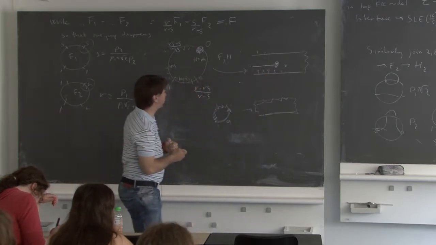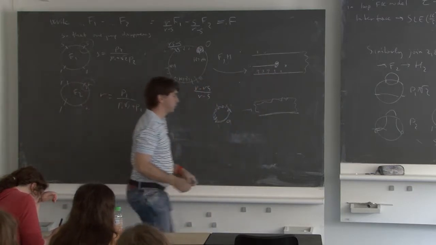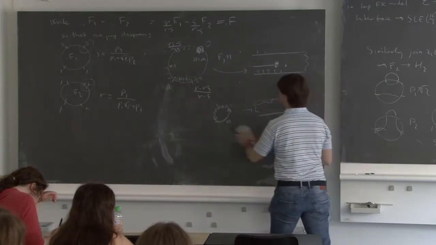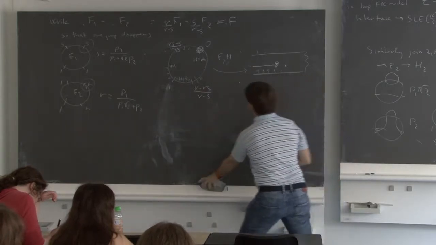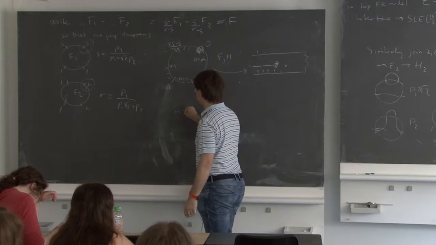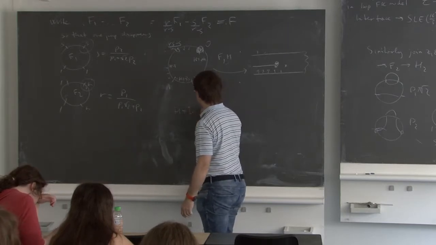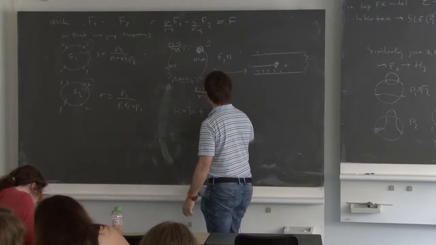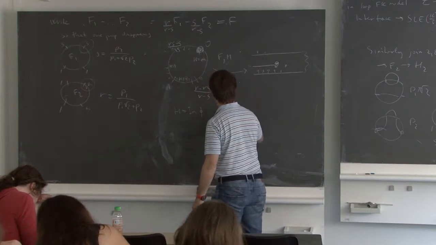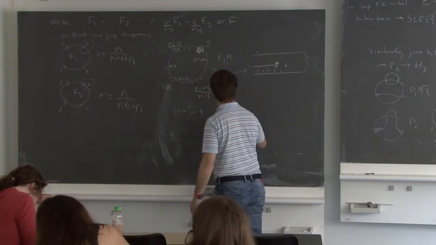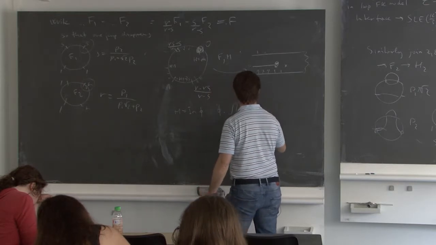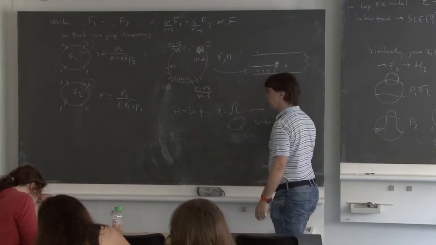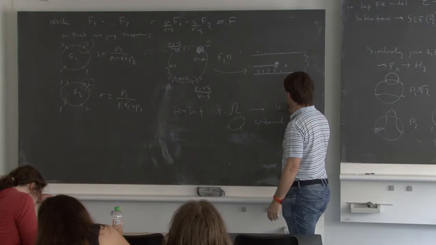And now, basically, the conclusion is that h is the imaginary part of phi, where phi is a conformal map from omega with 4 boundary points marked to a slit strip.